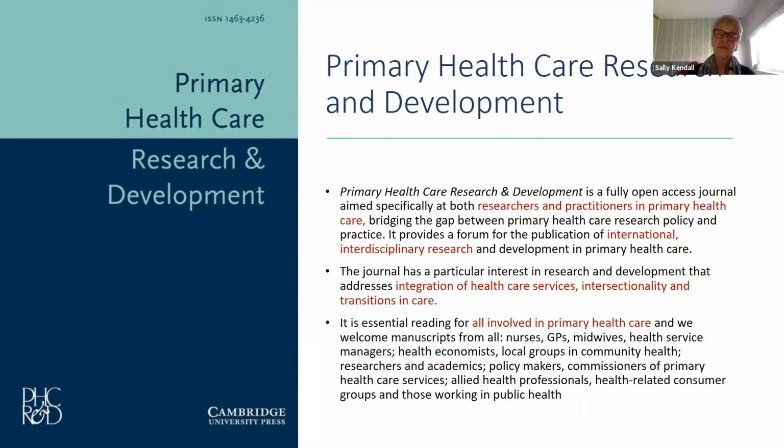And it's also an international and interdisciplinary journal, which means we have a very broad spectrum of readers and authors who we would like to have as much access as possible to the papers.